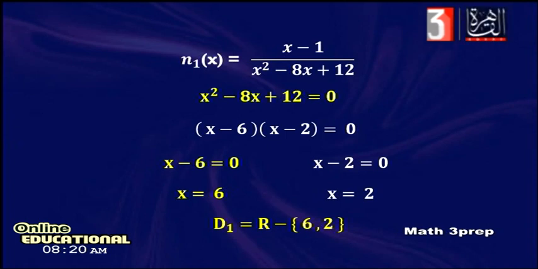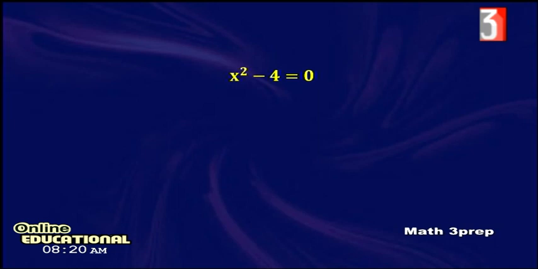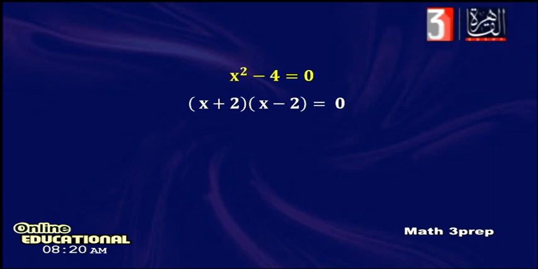Then let us see what about N2(x). Its denominator is x squared minus 4. So equalize it by 0: x squared minus 4 equals 0. Here you can make a factorization, or you can write x plus 2, x minus 2, as it is a difference between two squares. Or x squared equals 4 and take the square root for both sides.